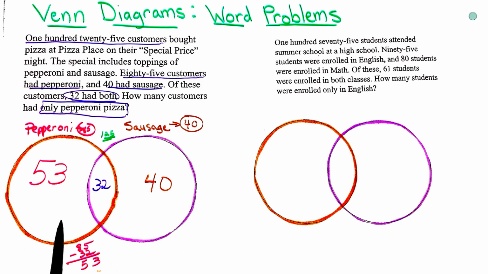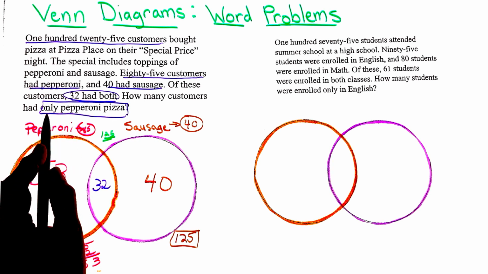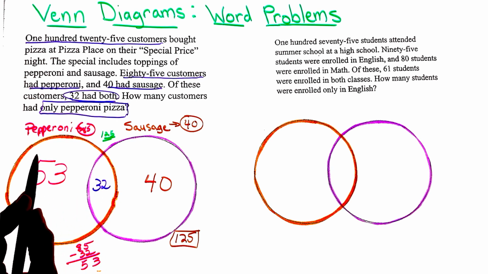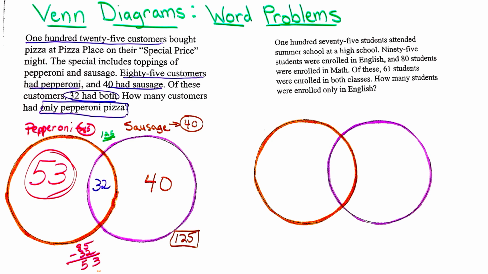And notice, when we add up those three numbers, they must total 125 because that's how many customers there were, and it does. So the answer to our question, how many people had only pepperoni? That is this part of this circle that does not include the overlap. So here is our answer to our question, 53 people.